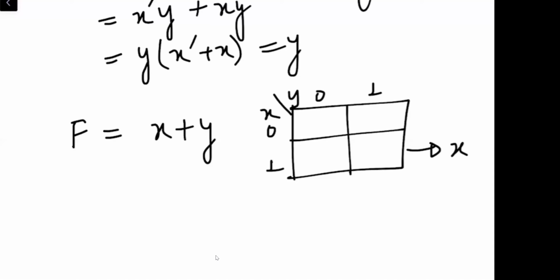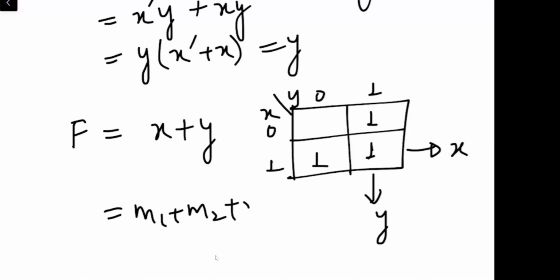This whole column is representing y. So this means the whole column should have 1 and this whole row should also have 1. So m1 plus m2 plus m3 will be equal to x plus y, right? Are you with me now?